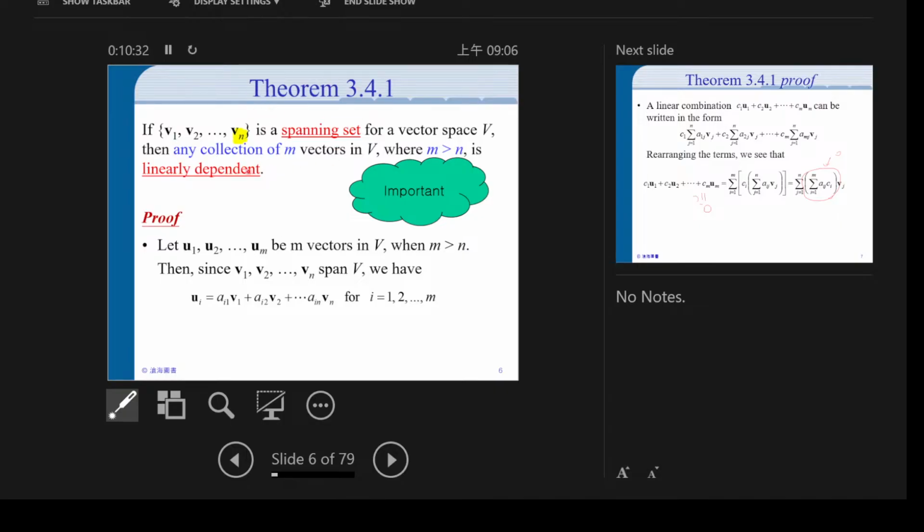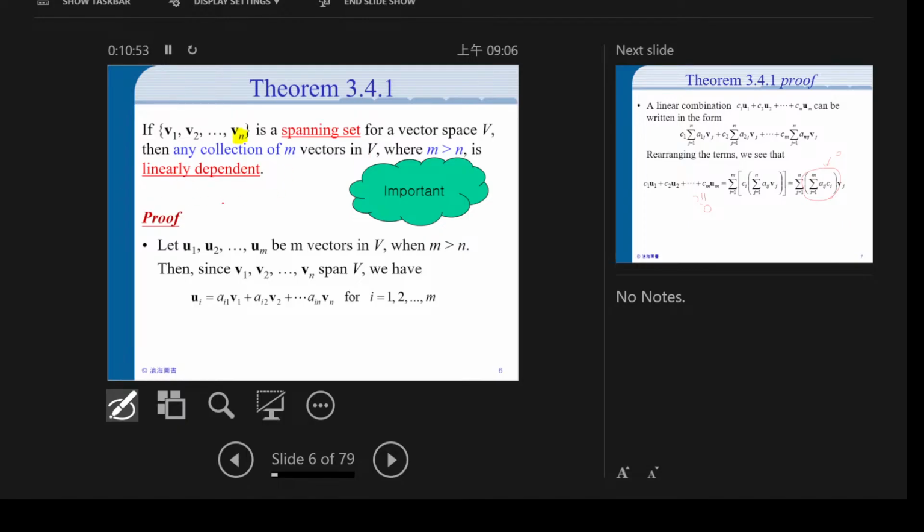We don't even say spanning set. If you have any other set of vectors in V that has more vectors than the n vectors in your spanning set, then this new set of vectors is linearly dependent.